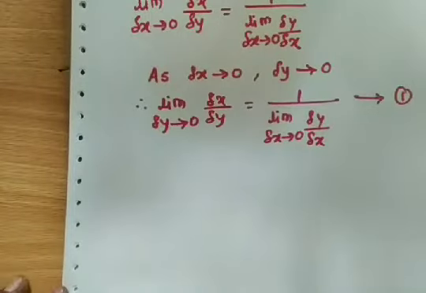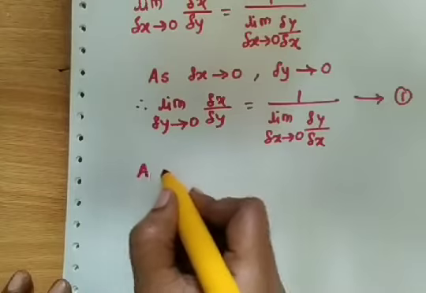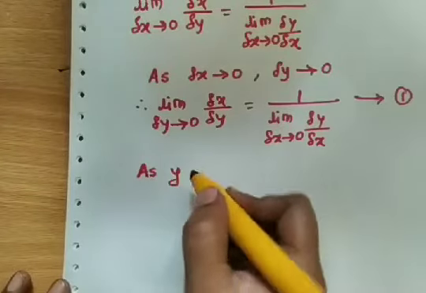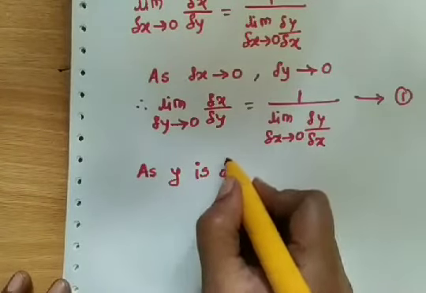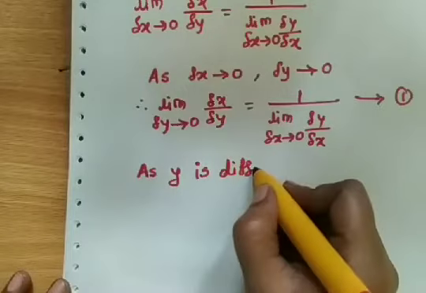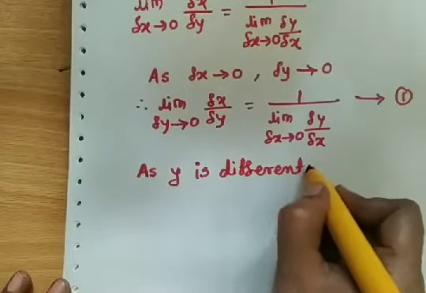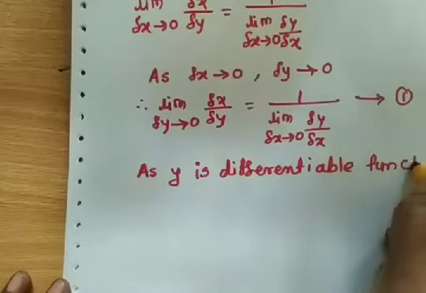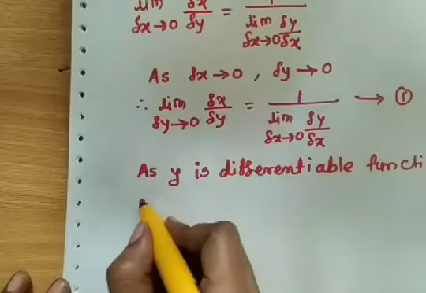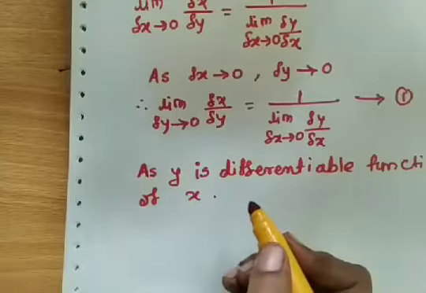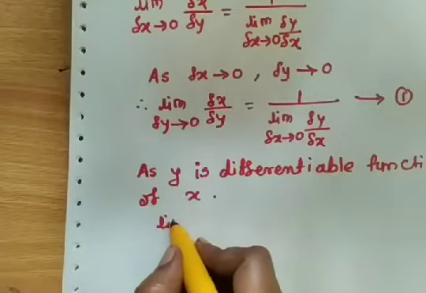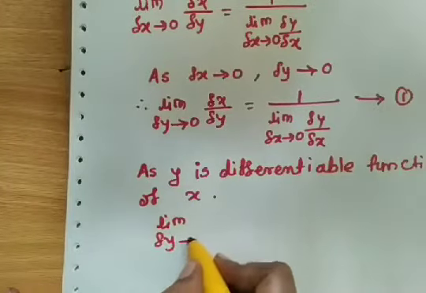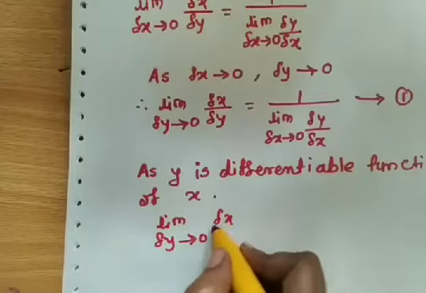Let us see here. As y is a differentiable function of x, we have to write the right side as limit delta y tends to 0 of delta x upon delta y.